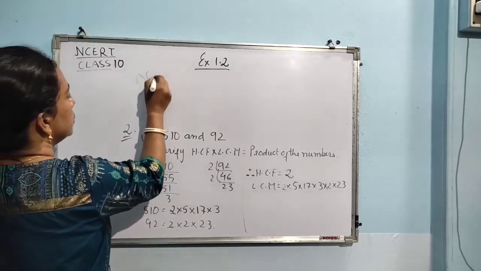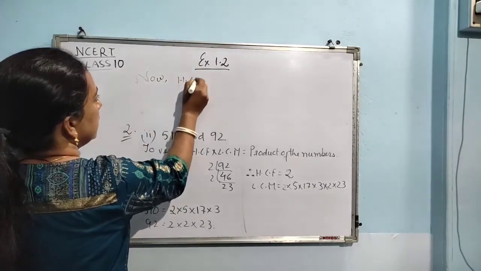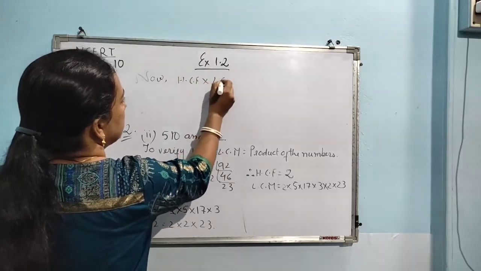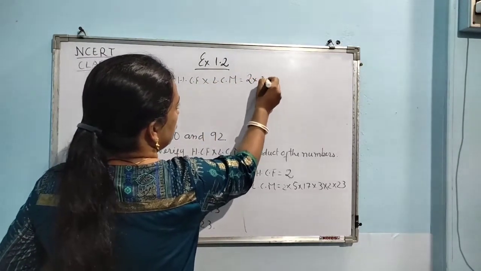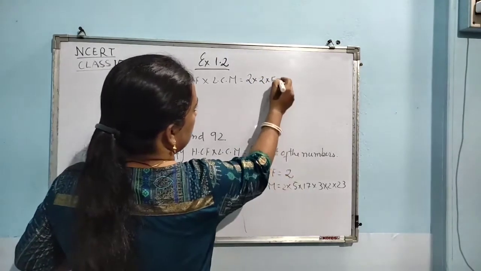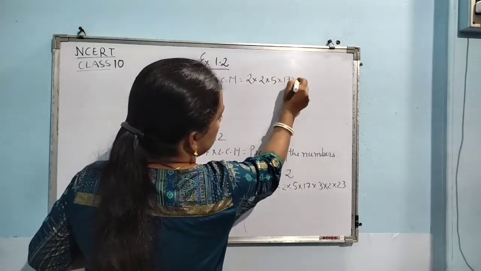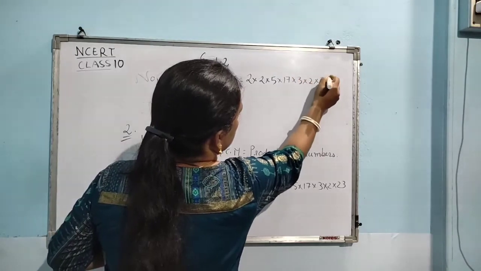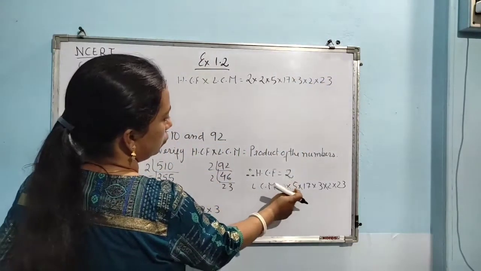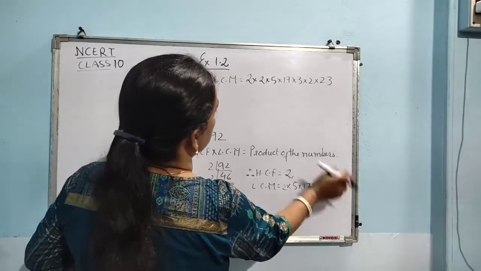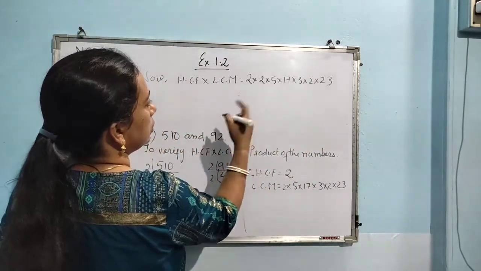Now we shall start. HCF into LCM is equal to 2 into 2 into 5 into 17 into 3 into 2 into 23. This 2 is taken, and after that 2, 5, 17, 3, 2, 23. Let us find out the product.